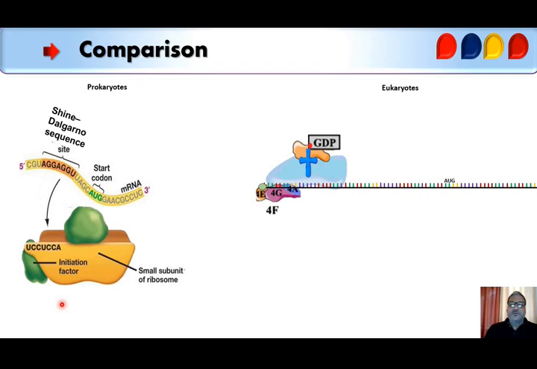In contrast, most eukaryotic mRNAs do not contain a Shine-Dalgarno sequence. Instead, a 40S ribosomal subunit attaches at the 5' end of the mRNA and moves downstream until it finds the initiation codon. This process is called scanning.